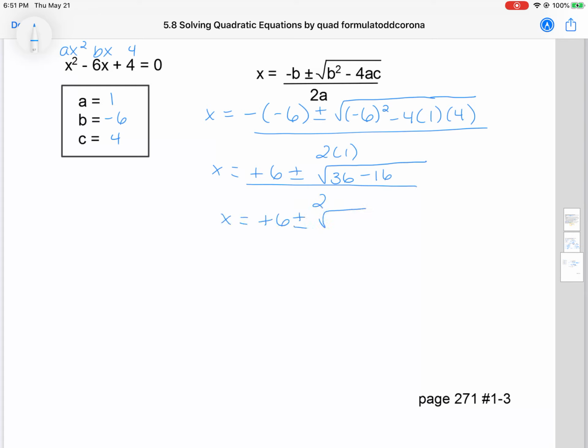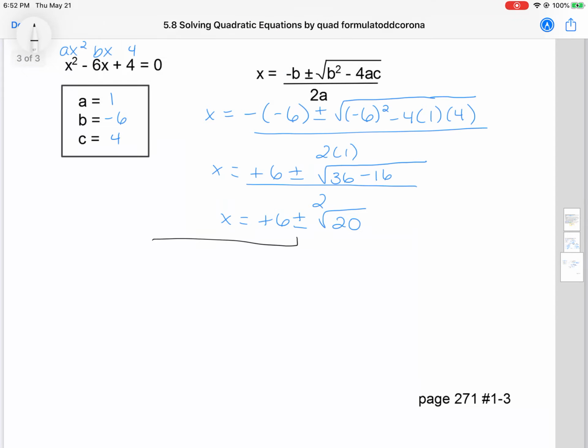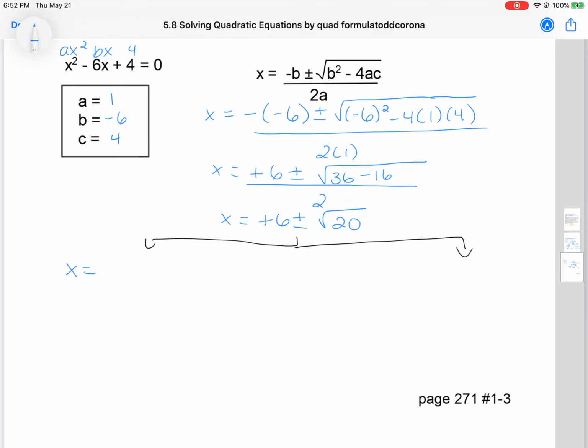So positive 6 plus or minus the square root of 36 minus 16, over 2. Positive 6 plus or minus the square root of 20. So again, we're going to do the positive root. It doesn't matter which one you do first at all. Oops, I forgot to divide by 2 there.